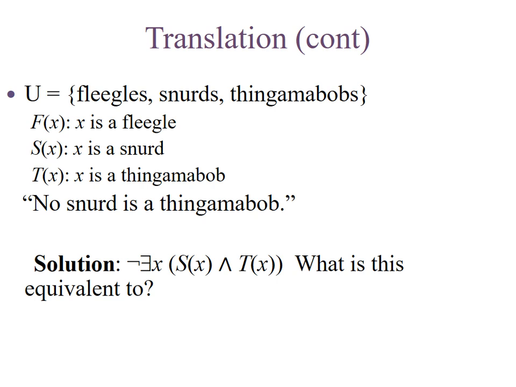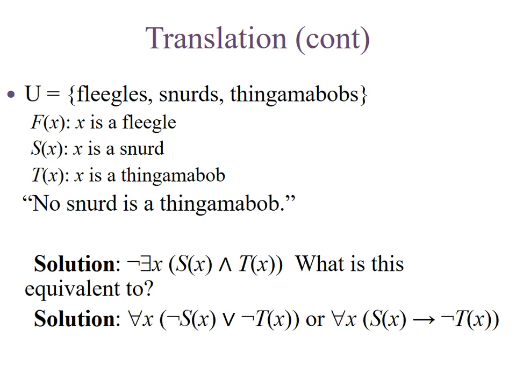Of course, we have equivalent forms once we apply De Morgan's law. If we move the negation inward, then we have for all x, not N of x, and we transform the conjunction to disjunction, and not P of x. Then we have something or something. Remember, if p then q equals not p or q. So N of x implies not P of x.